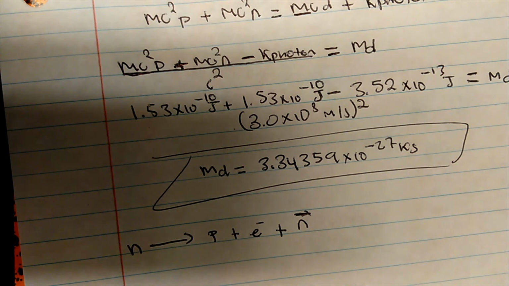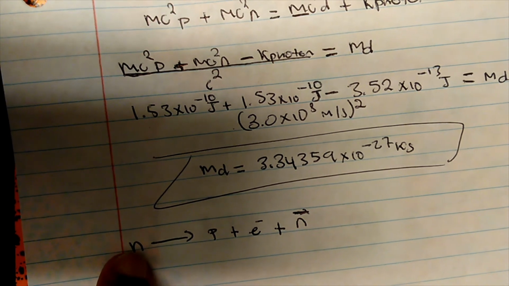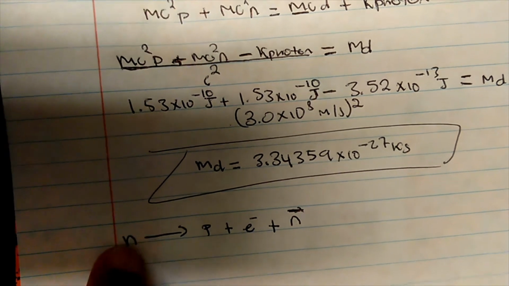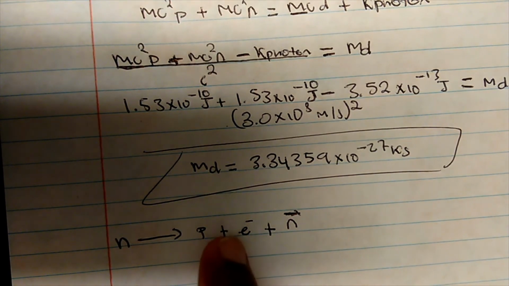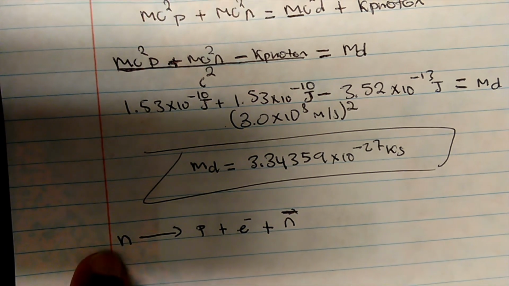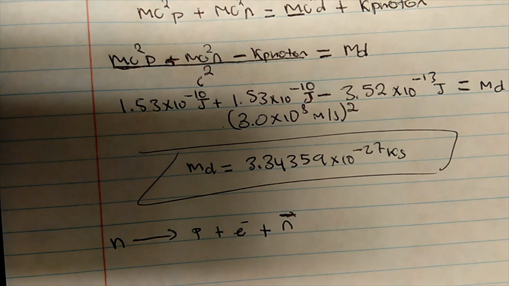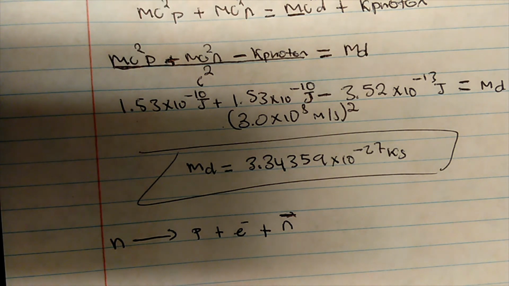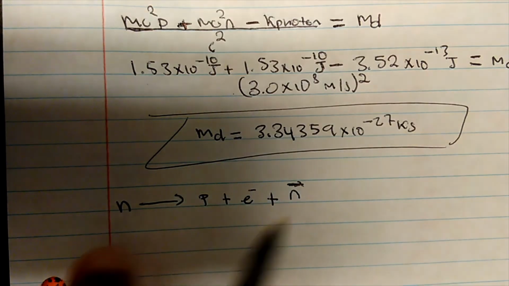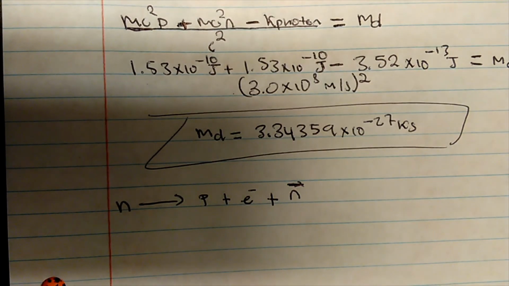Okay, in order for me to get the rest mass of the neutron when it decays and scatters, I have to add the kinetic energies of the products plus their rest energies. Usually, when we do these types of problems, we say the rest energies don't change, so we could cross them out.